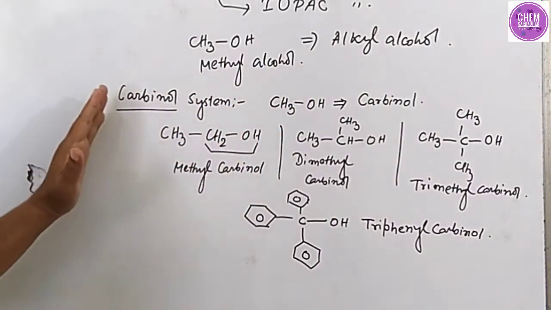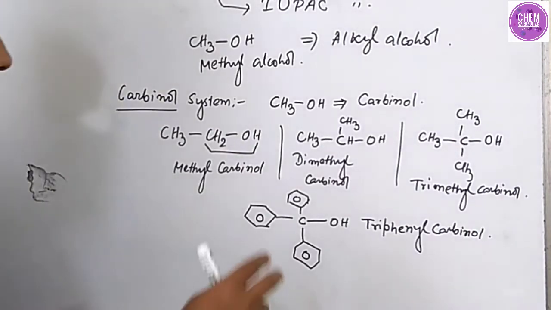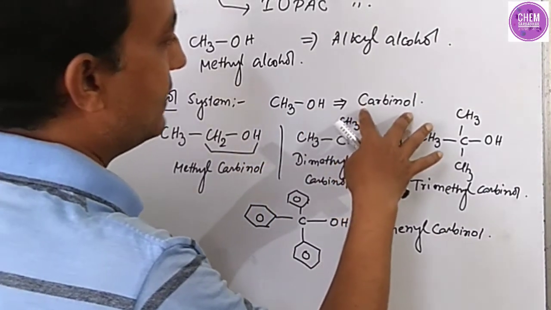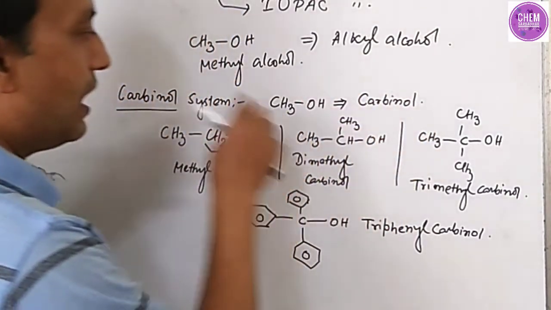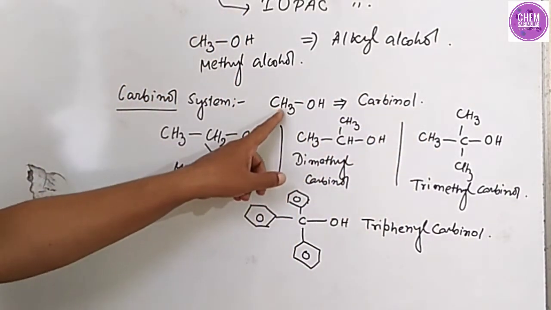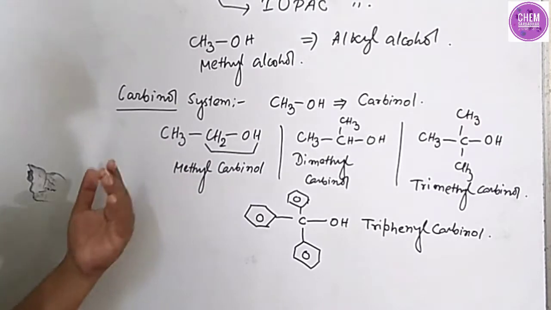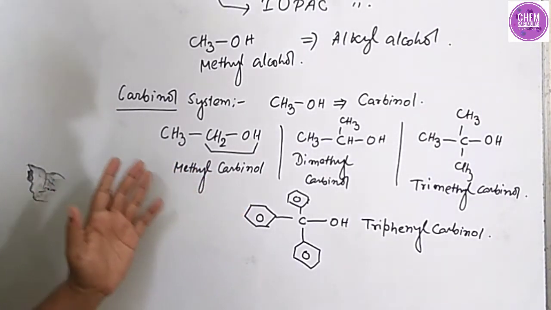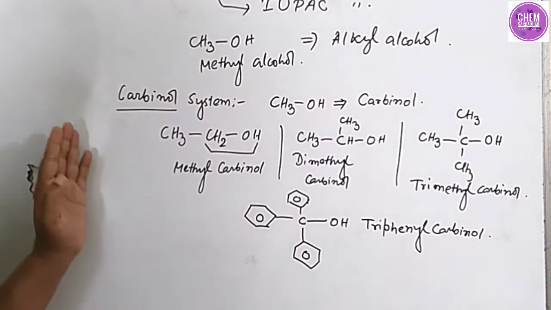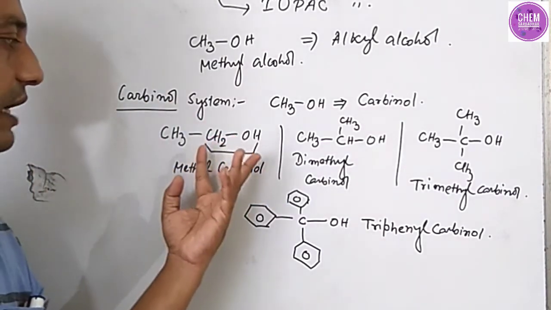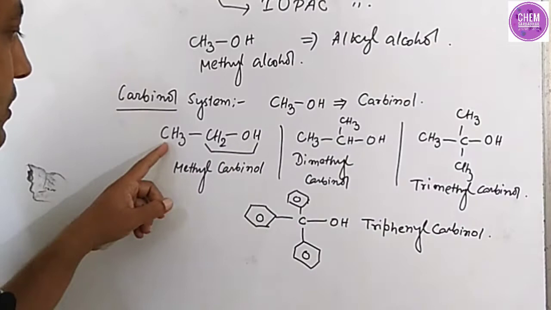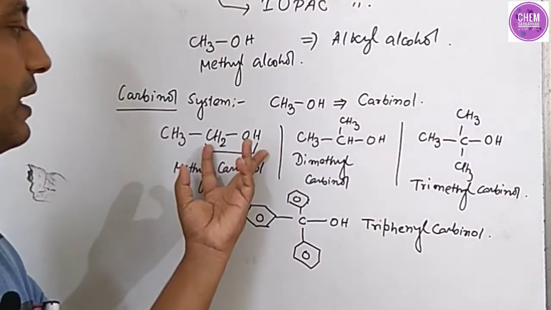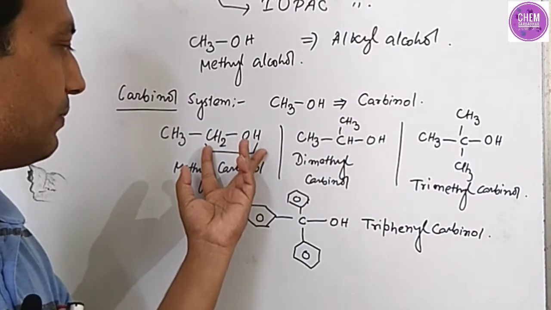Next one, the carbinol system. Here methanol, methyl alcohol, is considered as carbinol. If one hydrogen of the methyl group is replaced by another alkyl group or groups, then that particular alkyl group is named as alkyl carbinol. Considering this example, CH3CH2OH, here this part goes to the methyl alcohol part.